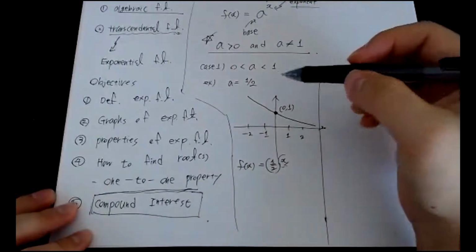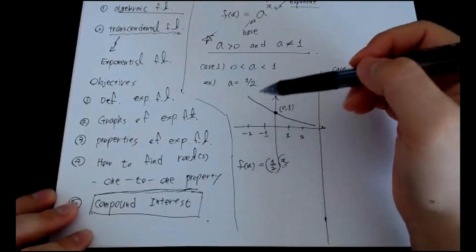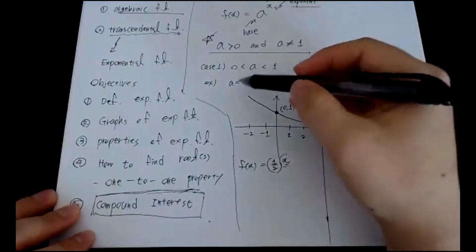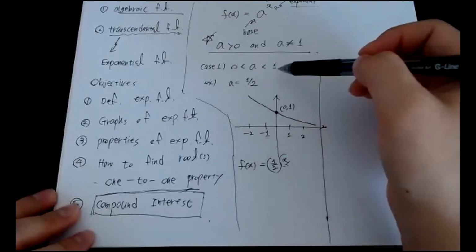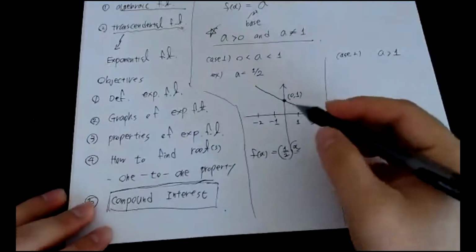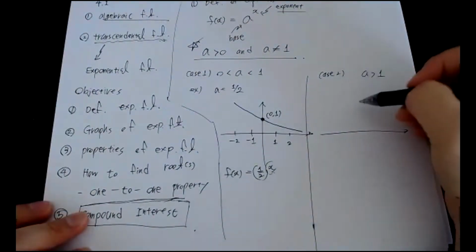So when the base is between 0 and 1, the graph of the exponential function is decreasing like this. Not only a is 1/2, any base between 0 and 1 must have a graph like this.